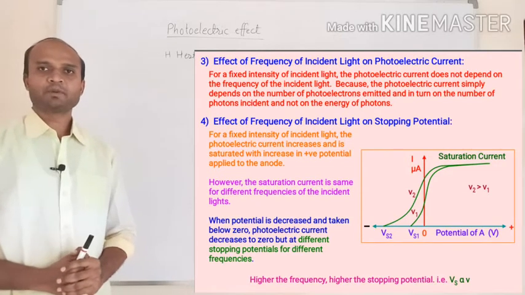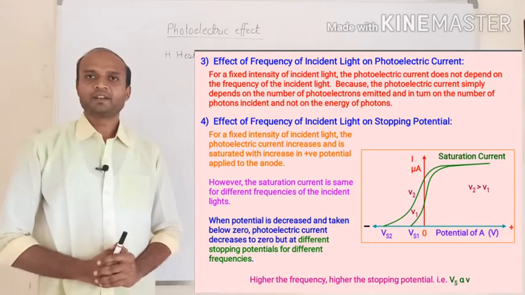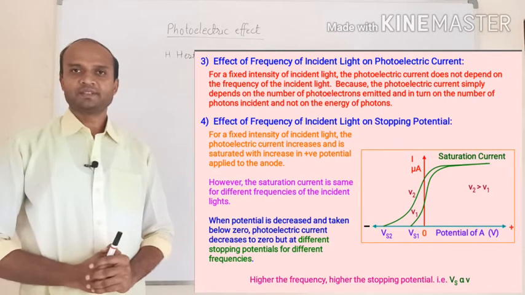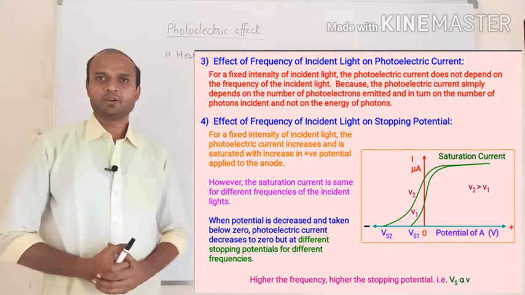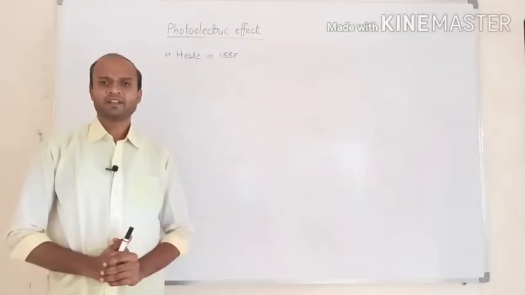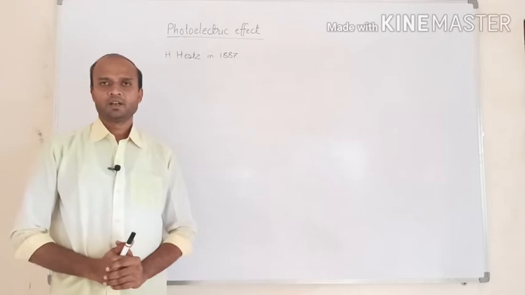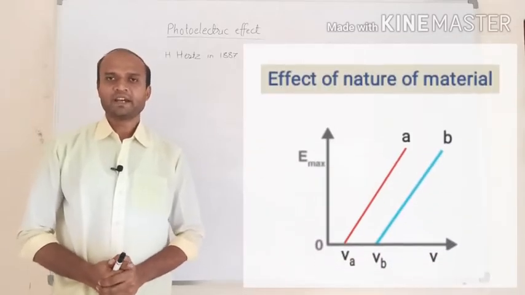It is directly proportional to the frequency of the incident light, but the photocurrent is independent of the frequency. There is no effect of frequency on photocurrent. Another factor is the effect of frequency on the maximum kinetic energy.